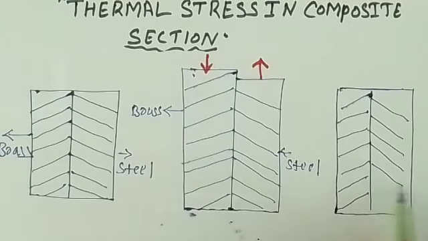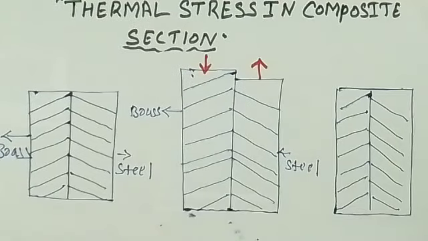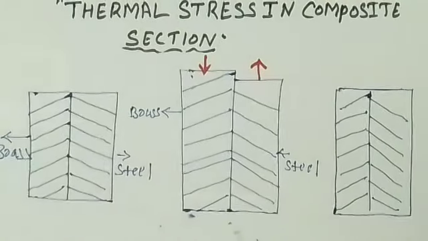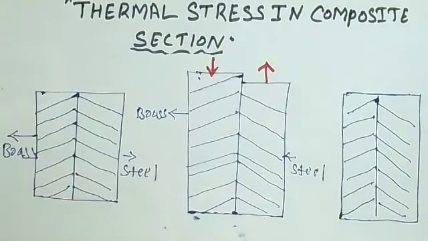Simply you can say whenever the composite body is subjected to temperature rise, stress will be induced. The section is going to expand, and the material whose coefficient of linear expansion is more will expand more, and the material whose coefficient of linear expansion is less will expand less.